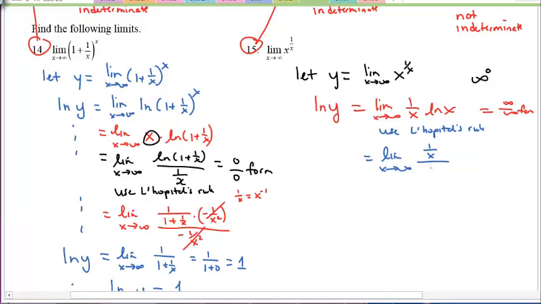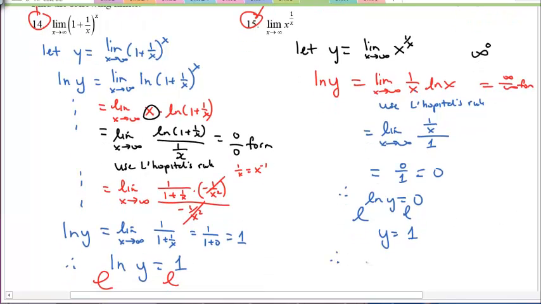The x is in the denominator, so that's just 1. So in this case, you just get 0 over 1, which is 0. So therefore, natural log of y equals 0. E both sides, so y is just equal to 1. Or the limit as x approaches infinity of x to the 1 over x equals 1.